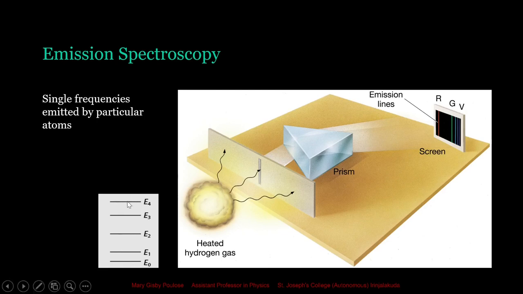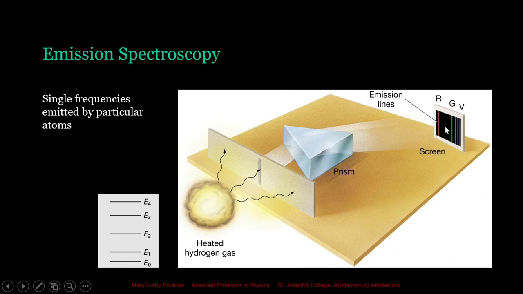Now, if this heated gas's radiation is passed through a component that disperses the wavelengths, such as a prism, the light will get dispersed and we can see the component wavelengths coming from the heated hydrogen gas.